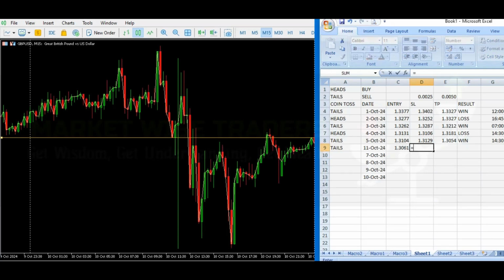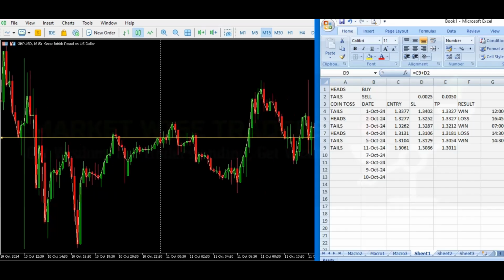So if we are selling, stop loss is above, take profit is below, right? Below. Let's see what happens. We want to get to 130.01.